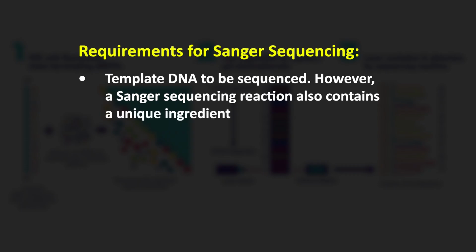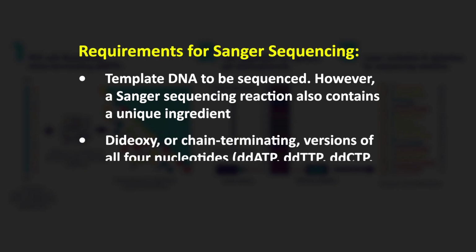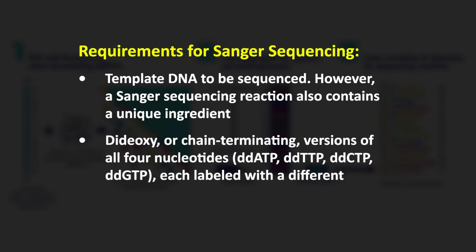However, a Sanger sequencing reaction also contains a unique ingredient, that is dideoxy versions of all 4 nucleotides, that is ddATP, ddTTP, ddCTP, and ddGTP, each labeled with a different color of dye.